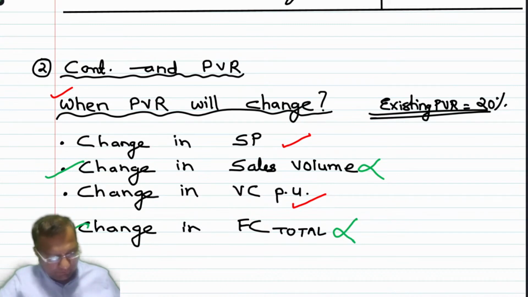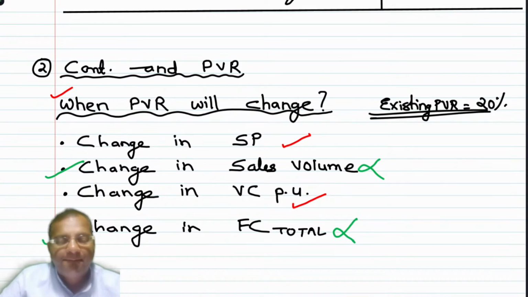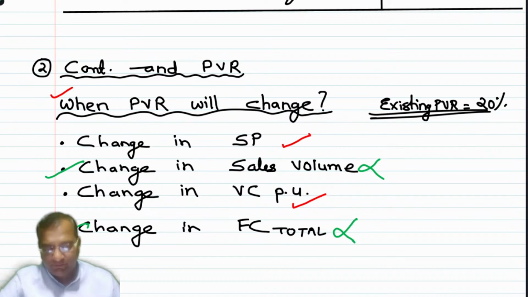Please write down, beta. The thumb rule is: any variable which can change the contribution per unit will change the PVR.